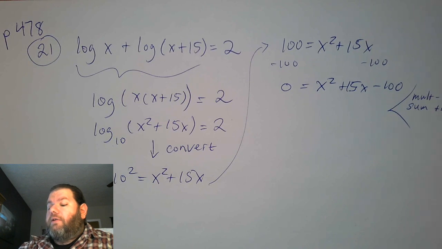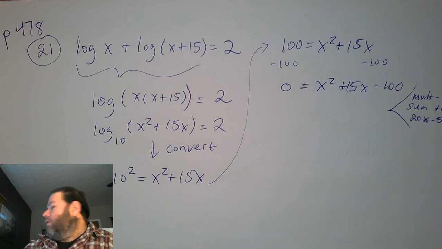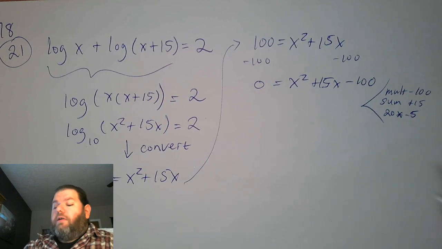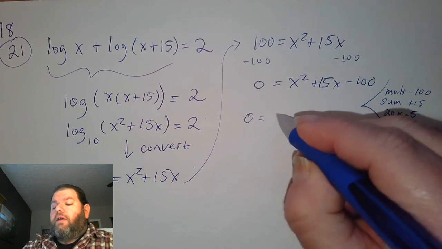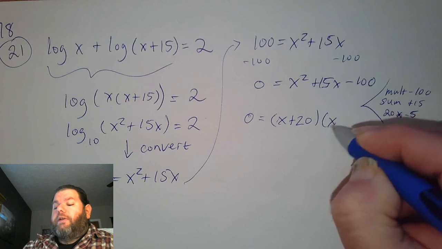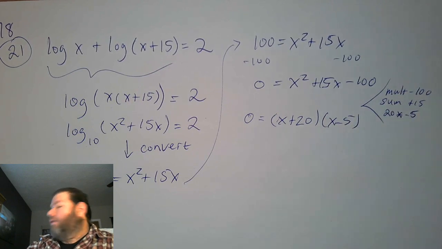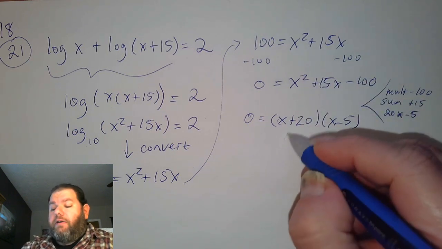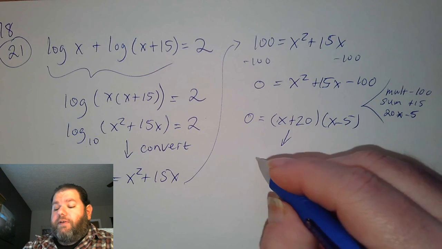So that is 20 times negative 5. There you go. So we know that's x plus 20 times x minus 5. So we can find two potential solutions.